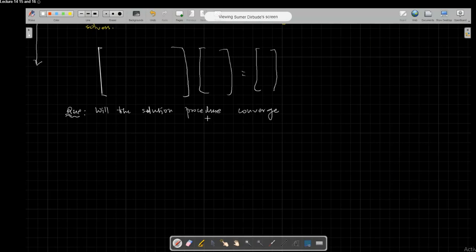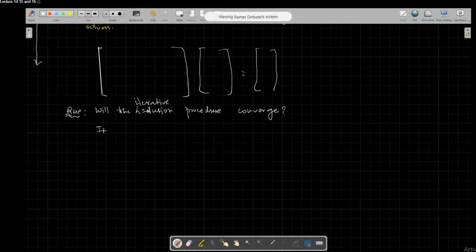Okay. Solution procedure, iterative procedure. Will the iterative solution procedure converge to or lead to a solution, or will the iterative procedure produce any solution? That is the question. And in what condition?